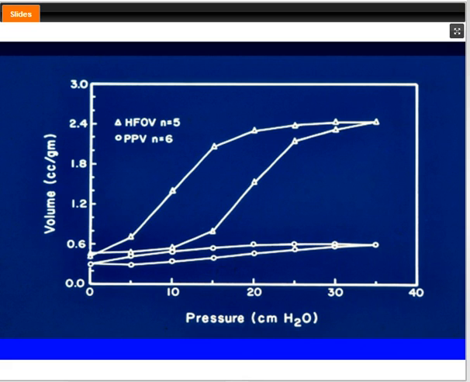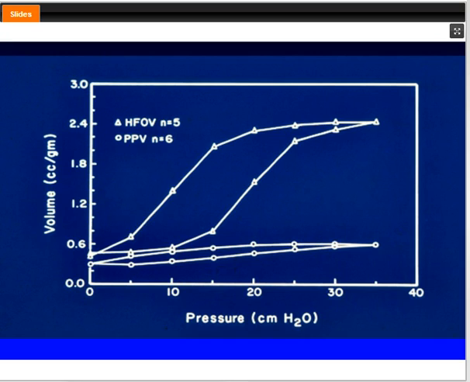This slide demonstrates, in an animal model we did that developed hyaline membrane disease, what happens when you put the animal on high frequency instead of conventional positive pressure ventilation, and you're looking at a volume pressure curve. The part with the triangles demonstrates a much more compliant lung than the circles, which are the positive pressure.